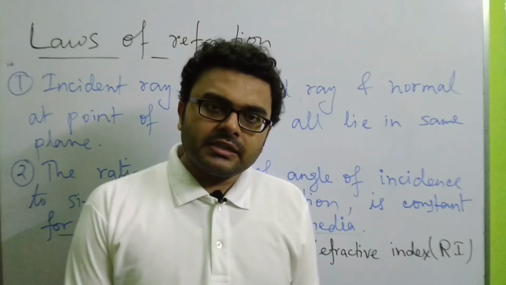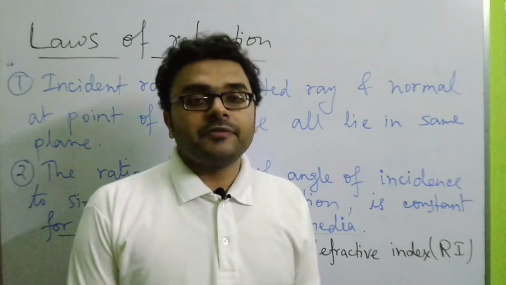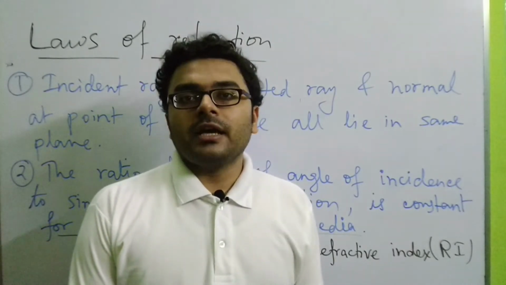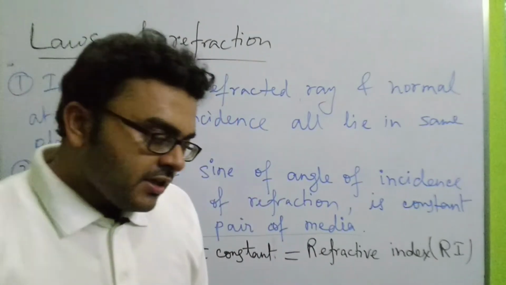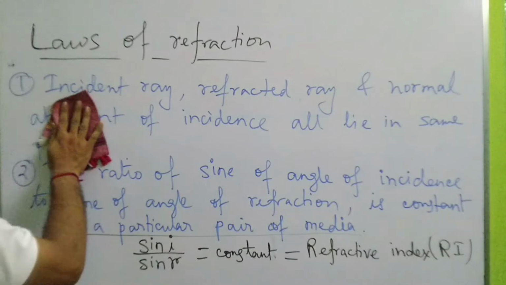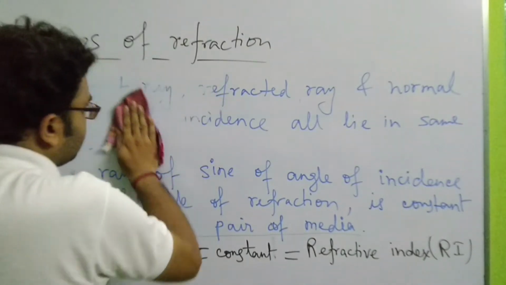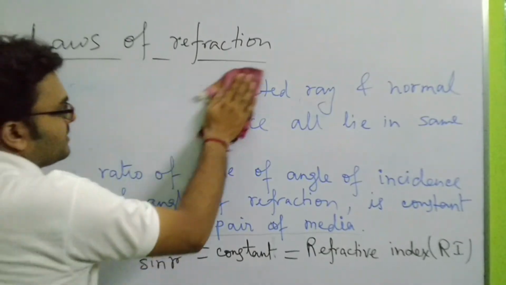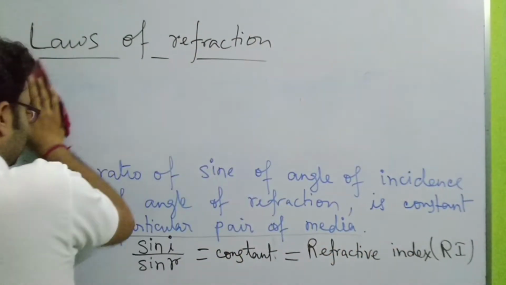Rather I can say that the mediums having more optical density have greater refractive index, and the medium having lesser refractive index has lesser optical density. Let me elaborate it with a diagram so it will be easier to understand. When I am saying that sin I by sin R is a constant, let me elaborate it here.